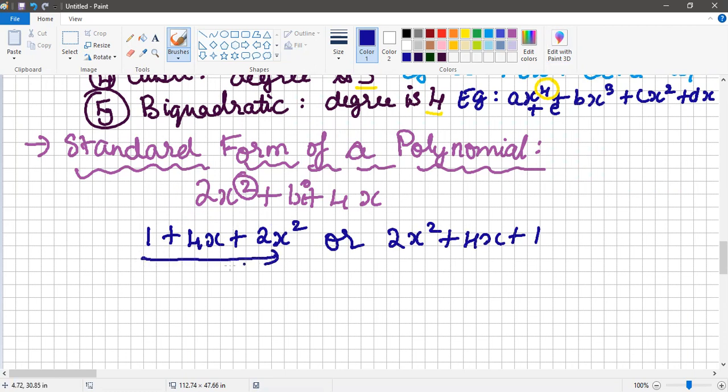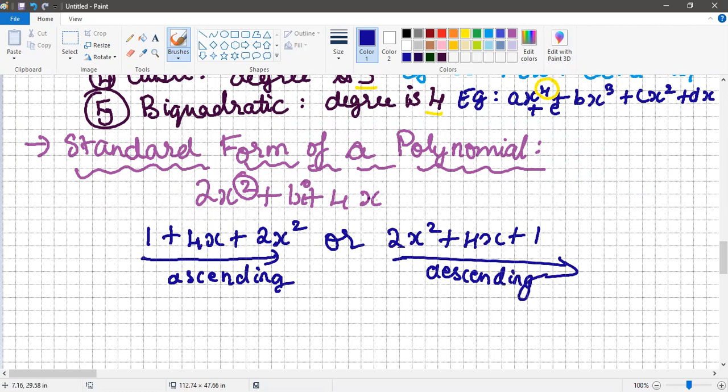Here we are ascending. But here we are descending, from the highest power to the smallest power. Usually we write it in the descending form.